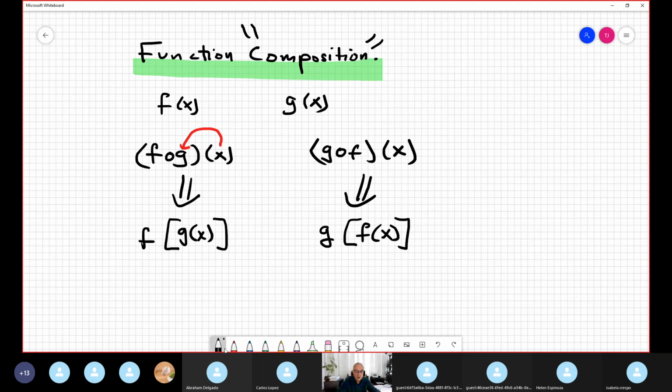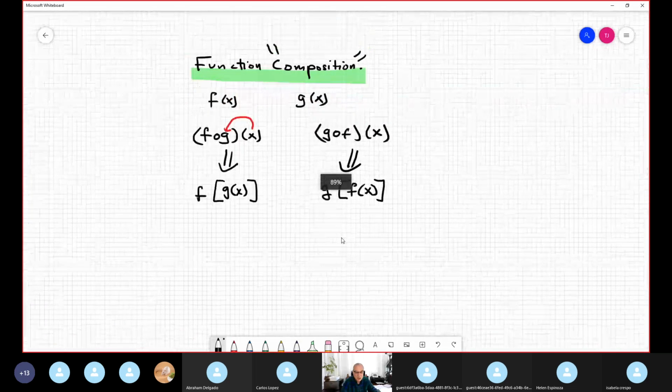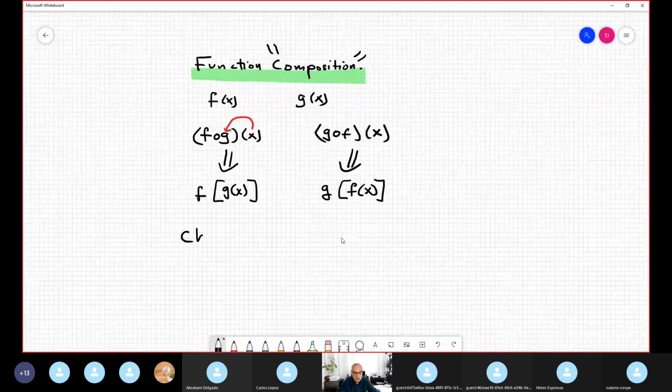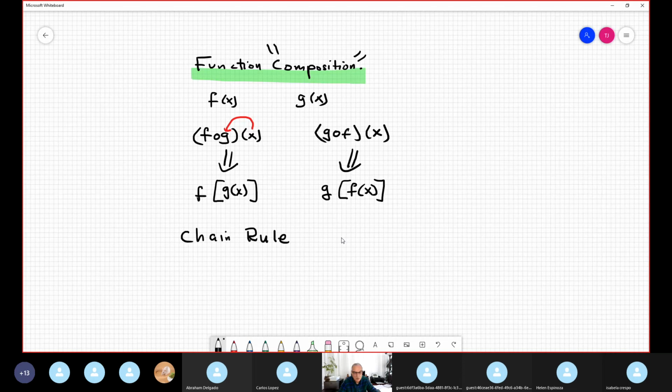So this looks like a chain rule. Suppose we have two functions, as an example to understand this. The function f of x is the classical x squared, everyone knows.